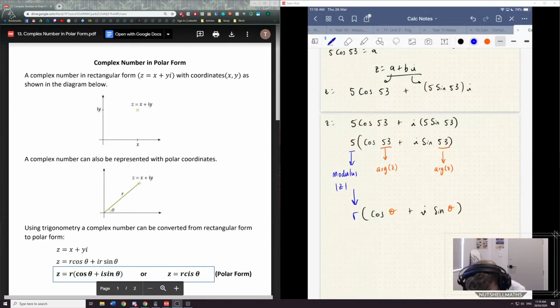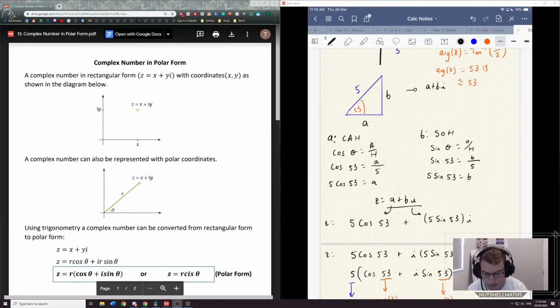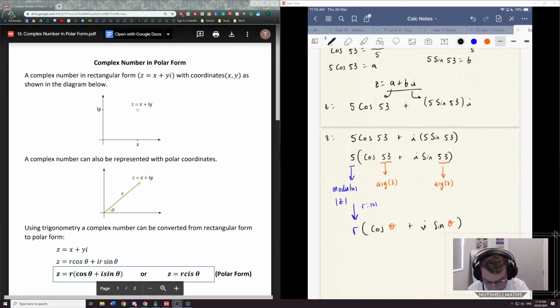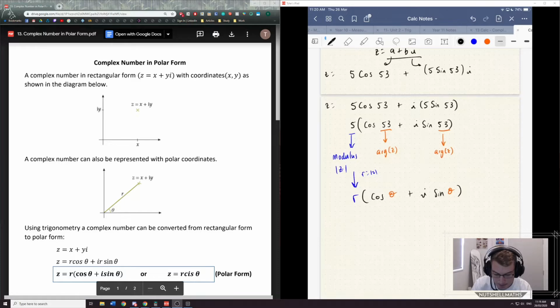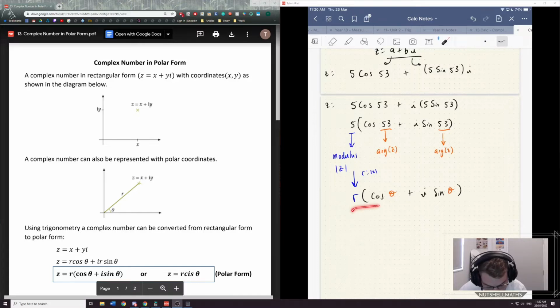Now, R is just the same thing as the modulus. I think it stands for the radius, because if you imagine that this line was a radius and it spun around, but don't worry about that. Let's just call the modulus R for now. We've got this generally now, don't we? Because the argument is what goes in there, and we call it theta, and the modulus is what goes in there, and we're going to call the modulus R. And Miraji wants a Z equals there as well.